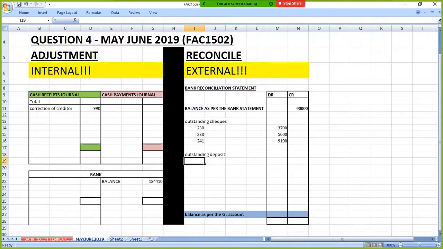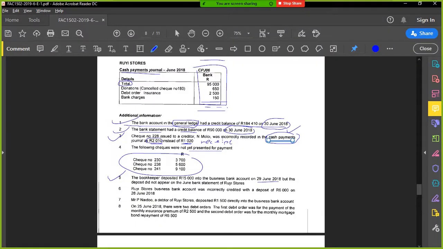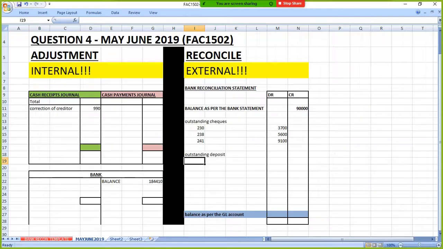No, that's the one that I wasn't sure of. Okay, yeah, read it again. Have a look. Bookkeeper deposited 15,000 into the business bank account. Okay, so we've deposited the money into the bank account. We've recorded it, and that took place on the 29th of June, before the month ended. But this did not appear on the bank statement. So who's correct? The business. We've recorded the deposit. Who hasn't shown it? The bank. It's an outstanding deposit.